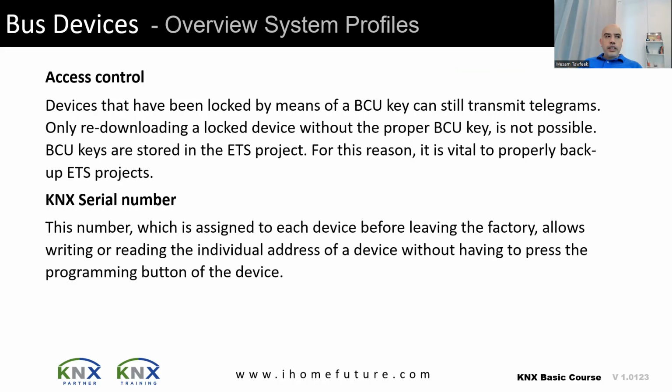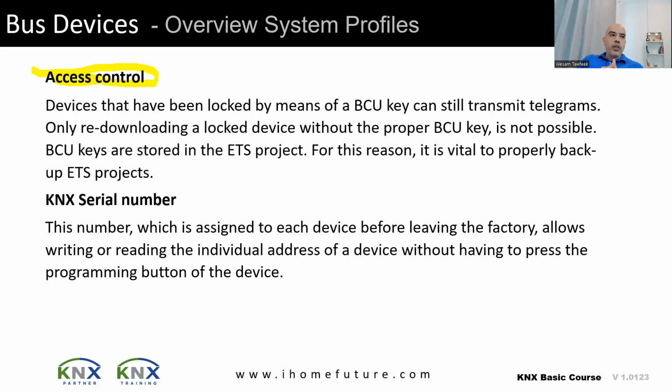Access control is a security feature that was introduced in system 2/7 or system B, meaning that, let's say today I finished my project and I don't want anyone to make changes to it. He has the project file, the programming file, the ETS file, and I don't want him to start making changes and putting new parameters on my system.